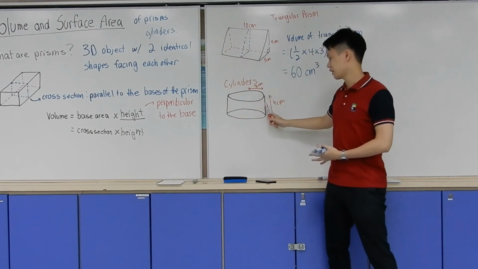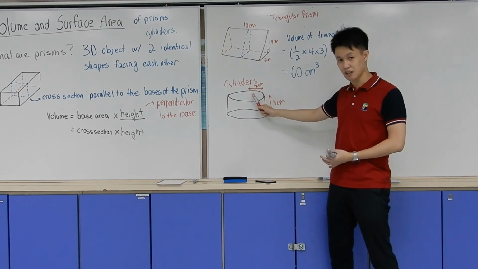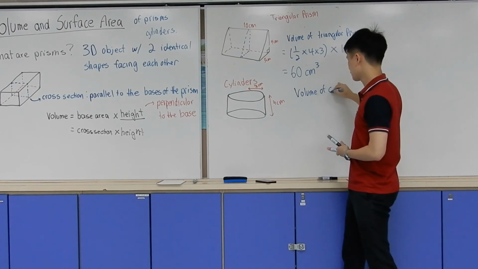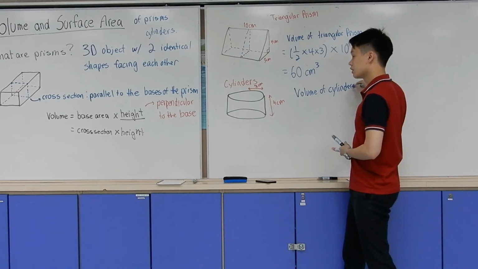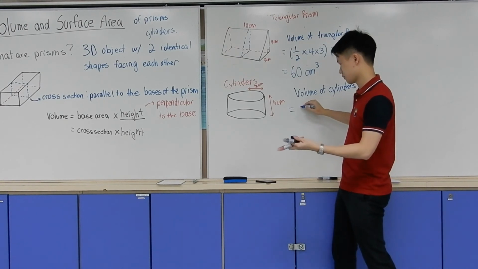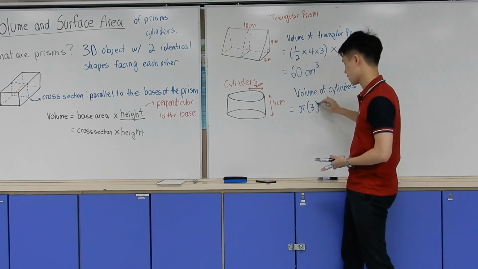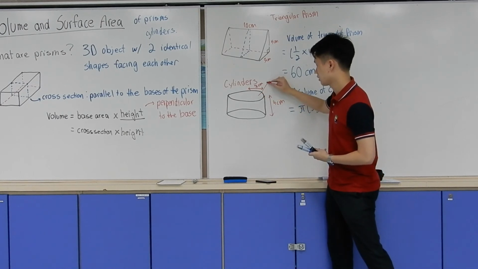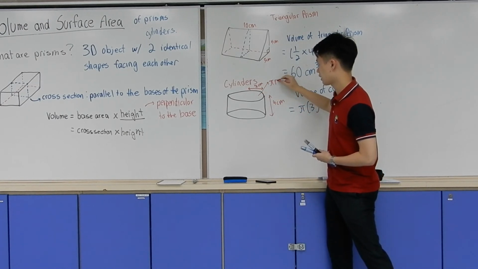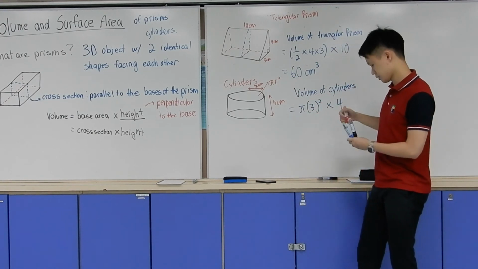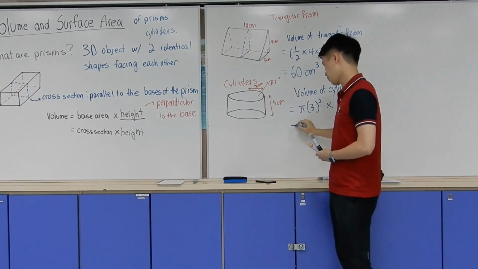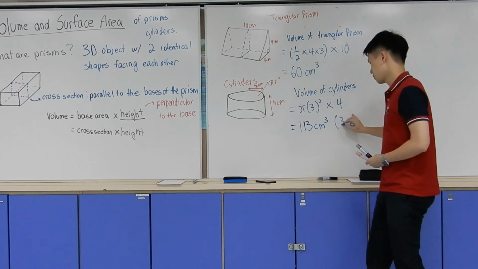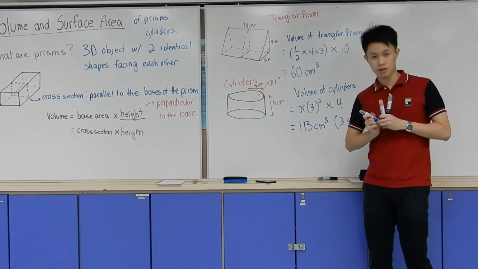Yes, and it has a perpendicular height. Hence, the volume of a cylinder is equal to the base area, pi r squared, times the height, which is pi times 3 squared times 4. With a calculator, you get 113 cm cubed, rounded to 3 SF. So that will be all for volume.